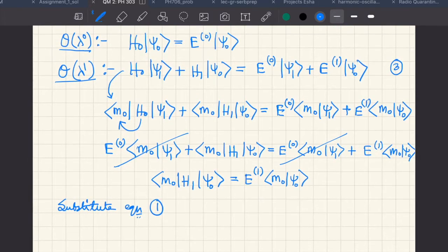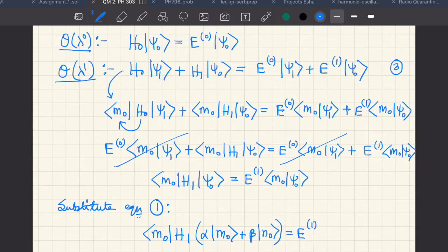So if we substitute equation 1 here, what we are getting is bra m naught H1 alpha m naught plus beta n naught is equal to E1 bra m naught alpha m naught plus beta n naught.